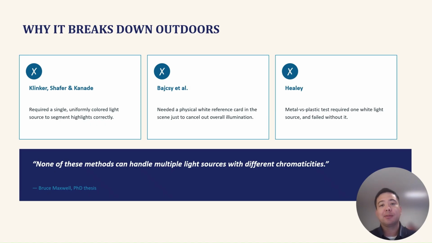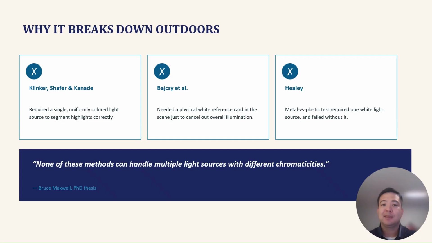His work points out that a lot of early methods for doing this only worked if the whole scene was lit by one single, evenly colored light. Klinker's method, for example, looked for a specific pattern in the colors of an object to figure out where a highlight was, but that pattern only holds up if the whole object is lit by the same single light.